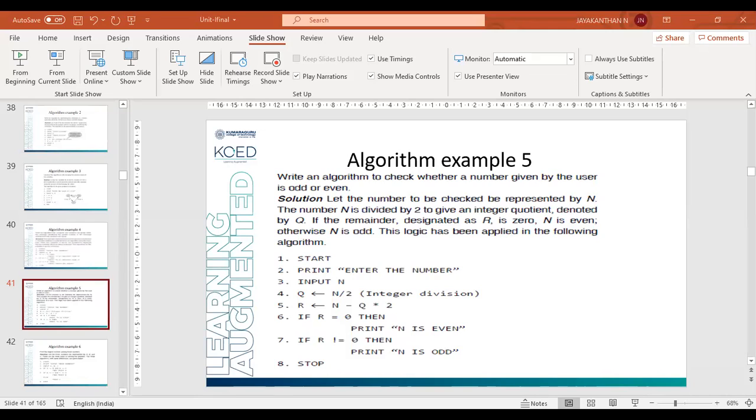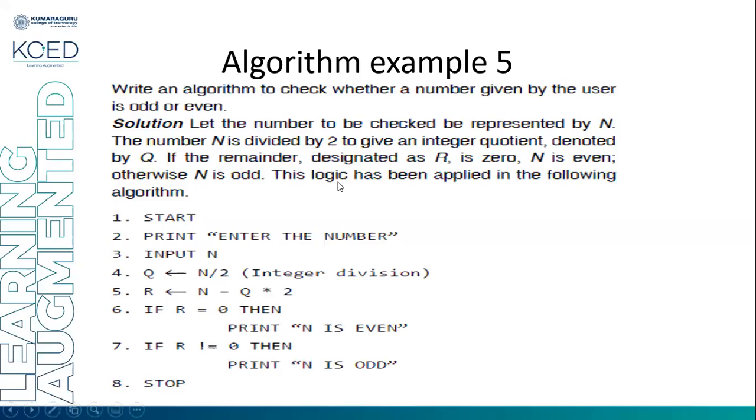Now the remainder: r equals n minus the quotient 2 times the divisor 2, which is 4 minus 4, which is equal to 0. If it is 0, what will happen? It is an even number, so the algorithm prints that it is an even number. If the value is 5, we will get a non-zero value, so the algorithm will print that the given number is an odd number.